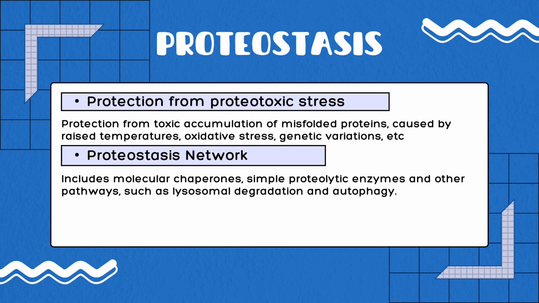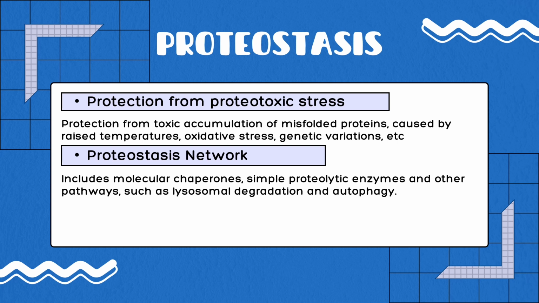When you have misfolded proteins, these are not good for the cell because their accumulation can result in disturbances in the reactions inside the cell. So it's obviously not good. This accumulation is what we call proteotoxic stress, and it can happen from temperatures, from oxidative stress, from genetic variations, from mutations, all of that.